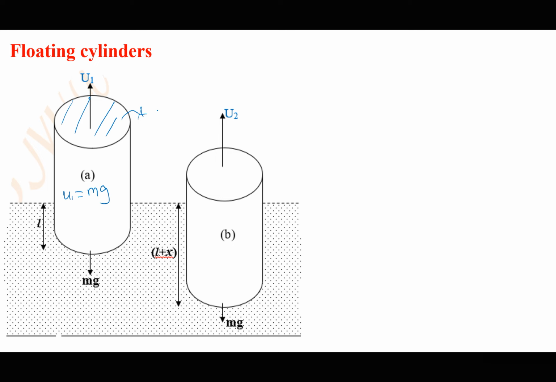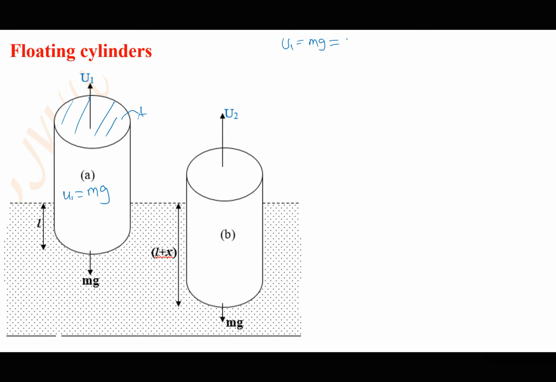So what weight of the liquid has been displaced in position A when it is just in equilibrium? Upthrust U1, which is equal to mg, is going to be equal to the weight of the liquid displaced.